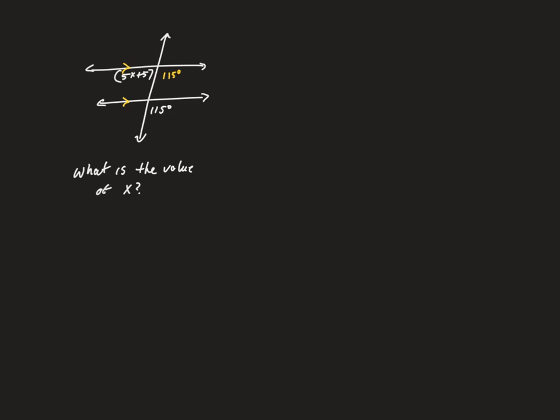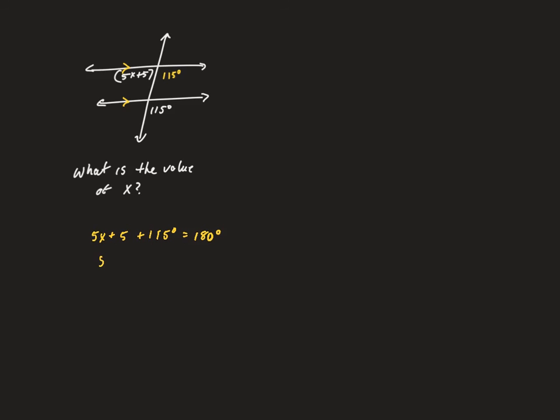Now, if I fill those in because of corresponding angles, I know that this straight angle is going to be equal to 180. So this angle plus this angle is going to be equal to 180 degrees. And then I can solve.